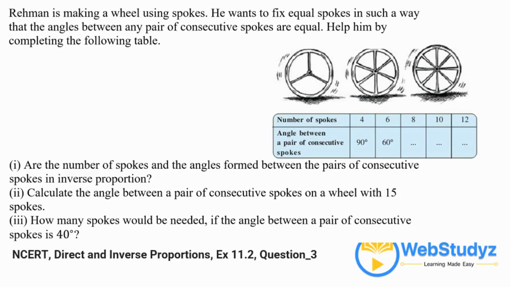The second question is, calculate the angle between a pair of consecutive spokes on a wheel with 15 spokes. So let's find out.